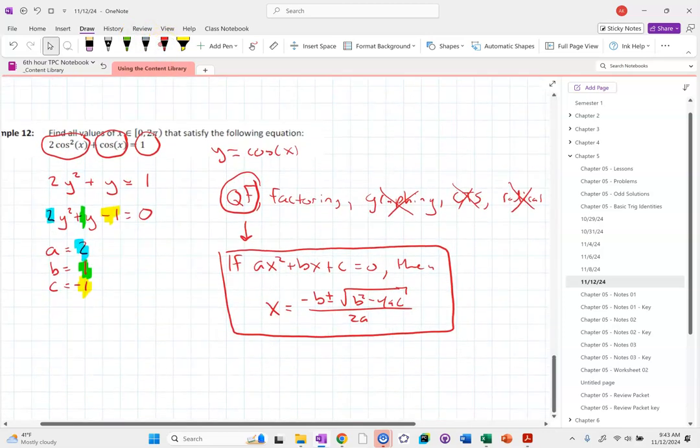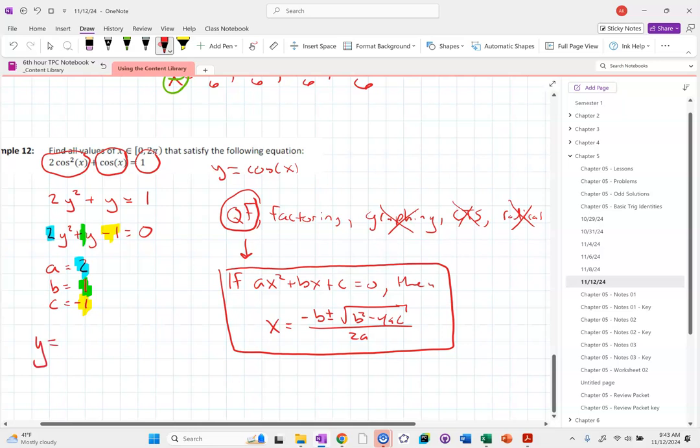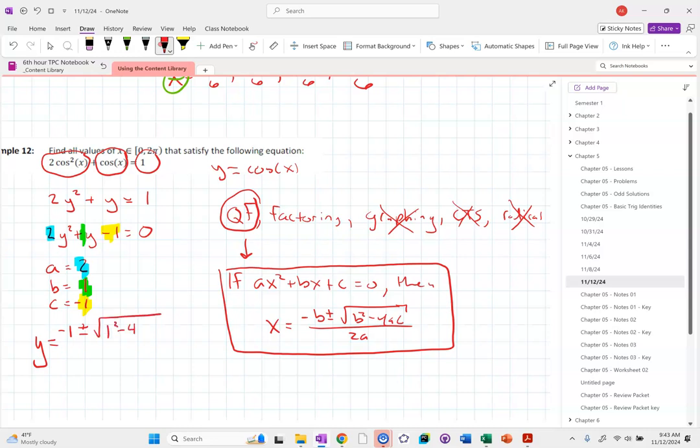So we can say then y equals negative 1 plus or minus square root 1 squared minus 4 times 2 times negative 1 all over 2 times 2.